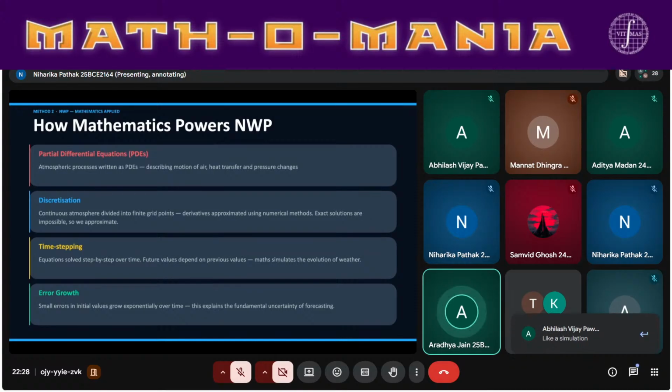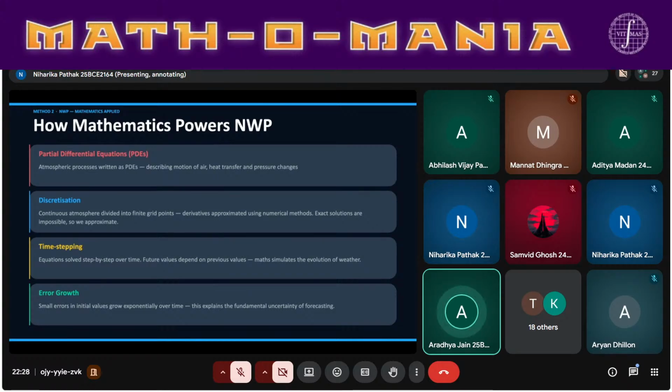Yes. So the future values actually depend on the previous values, but this is how it works. But it also comes with a small problem: small errors occur. In those grids, as I mentioned earlier, we have to keep precise initial conditions in each grid.